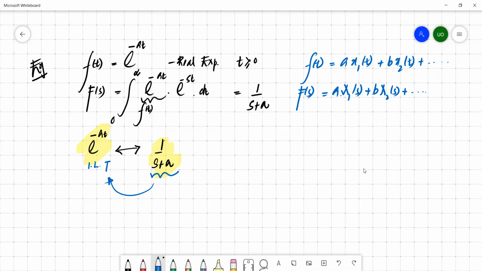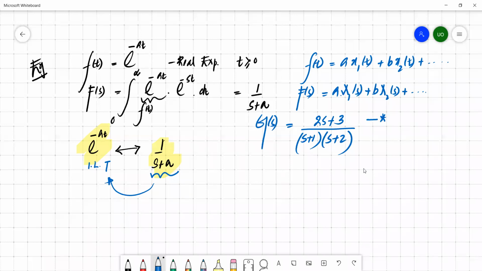For example, let's think of this kind of example. If you have (2s plus 3) divided by (s plus 1)(s plus 2), this is the Laplace transform you obtain at the end of the day.